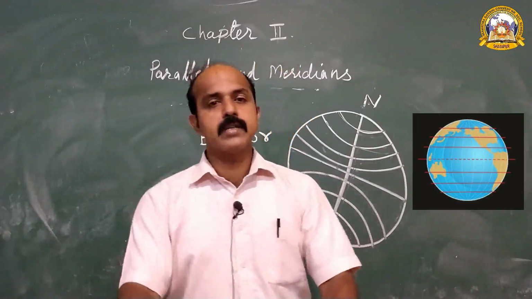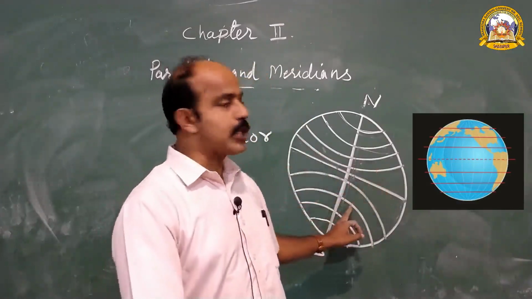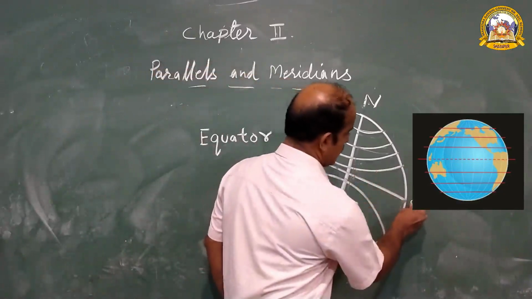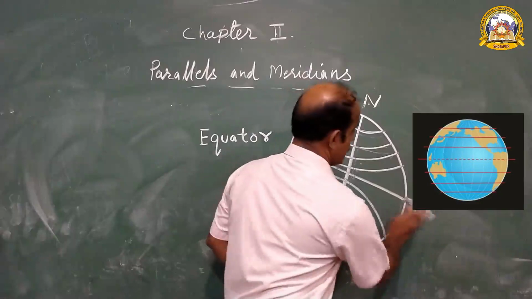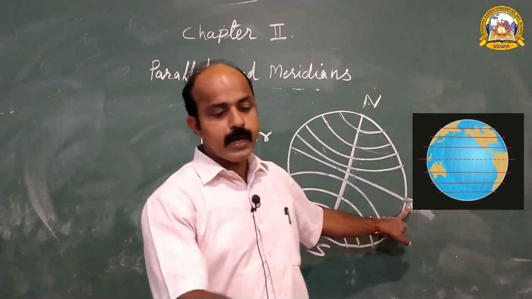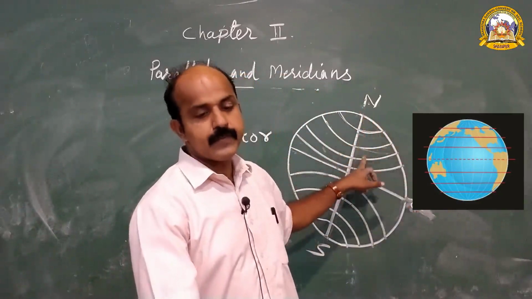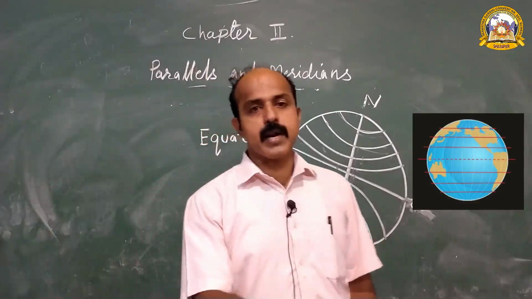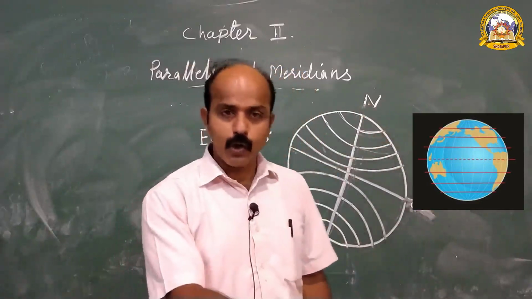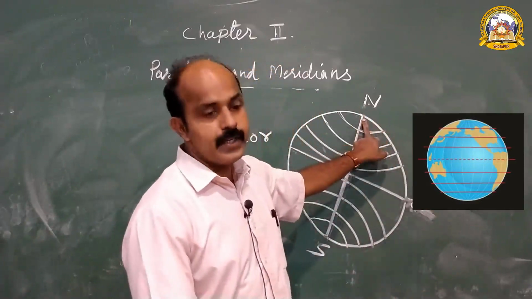Now we come to the next point. How are parallels numbered? We start from the equator, 0 degree. So we mark the parallels from 0 to 90 degree. Apart from their values, the parallels are also marked north and south according to their locations. The north pole is written as 90 degree north.